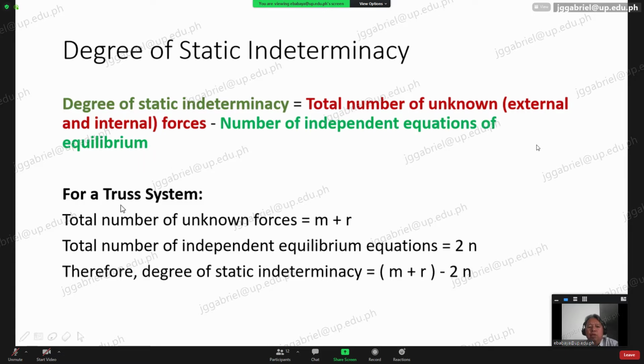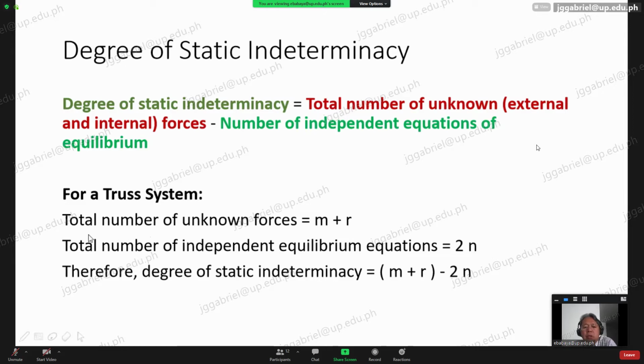Let's say for a truss system, you have a total number of unknown forces, the number of members, plus the number of support reactions. Then the total number of independent equilibrium equations, you have 2 times n, where n is the number of nodes.